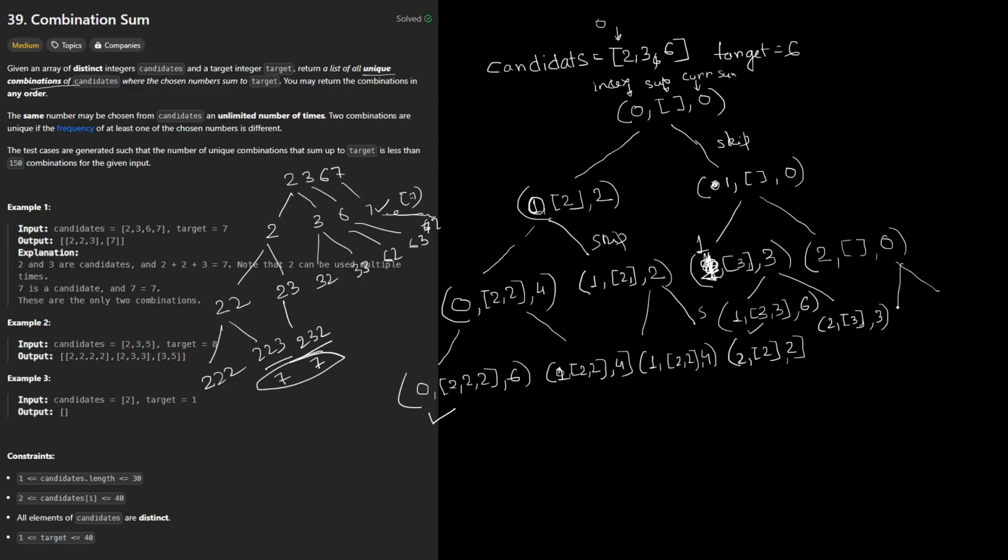And from here there are two options. One would be to add this value, so adding 2 basically means 6, and our target sum is also going to be 6. So this is the correct one. The other option is to skip it, but if I skip it, we are going to exceed the list of candidates, so we can cross it because it's no longer possible.